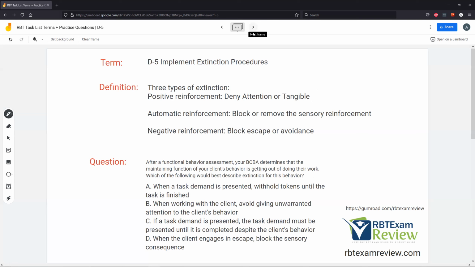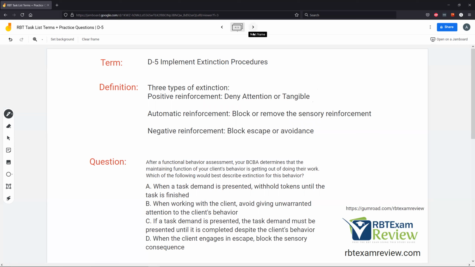Automatic reinforcement: we're blocking or removing the automatic or sensory consequence. And negative reinforcement: we're blocking escape or avoidance, because in the past the behavior gained access to escape or avoidance. So now we have to deny or block that. And that's extinction: denying, blocking, or removing previous reinforcement for a behavior.